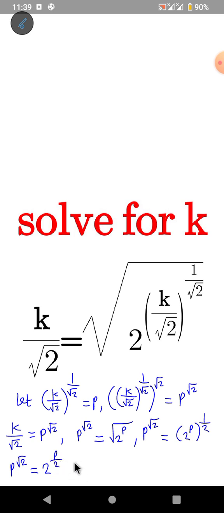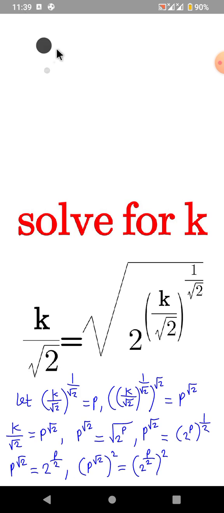My next step will be to raise both sides of this equation to the power of 2. So we say (p raised to the power of the square root of 2) raised to the power of 2 equals (2 raised to the power of p over 2) raised to the power of 2.